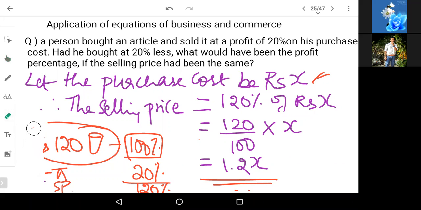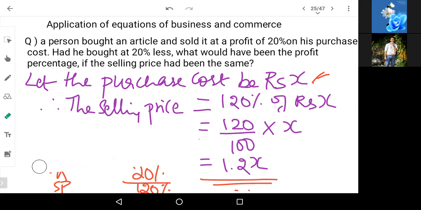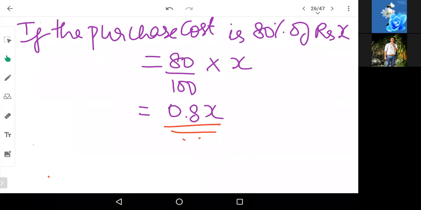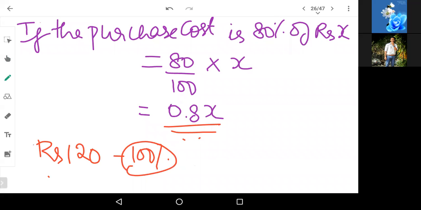Now coming to the second scenario in the question, read the question carefully. It says, had he bought at 20% less? Okay, if the purchase price was 20% less, it means instead of considering the full 120 rupees, that is 100%, I am considering 20% less of 120.